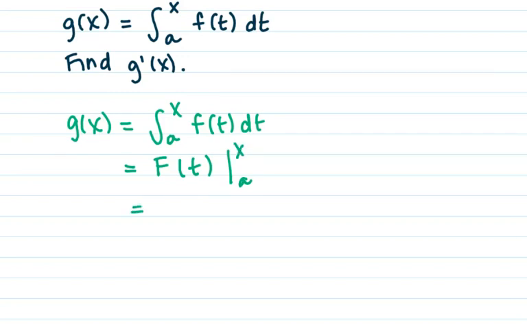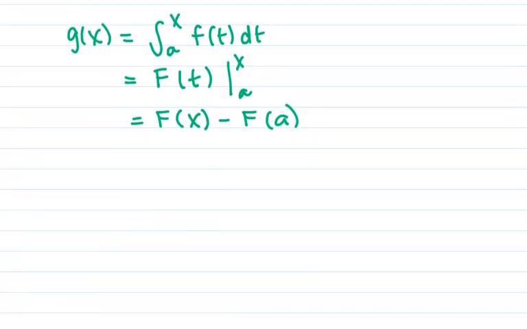And so therefore we could expand this and say that means it's F of x. This is the fundamental theorem of calculus we've already discussed with the evaluation, minus F of a. Okay, so all of that is what we already know how to do coming into this lesson.